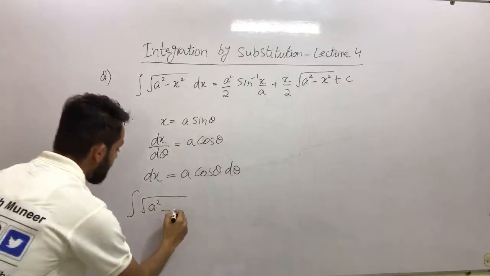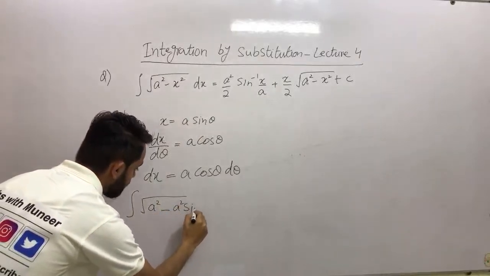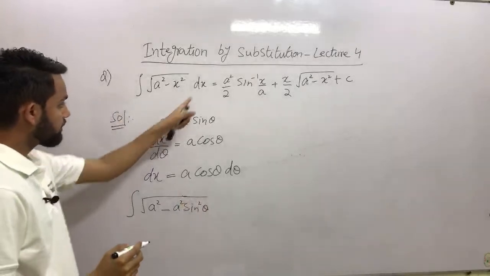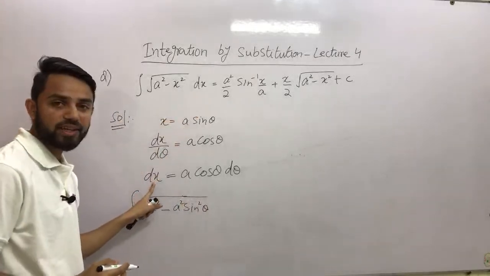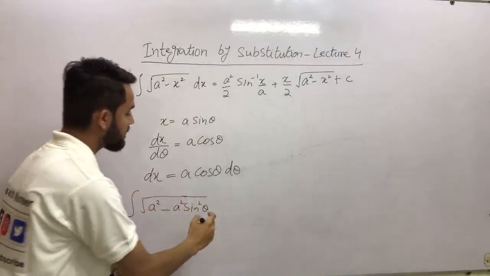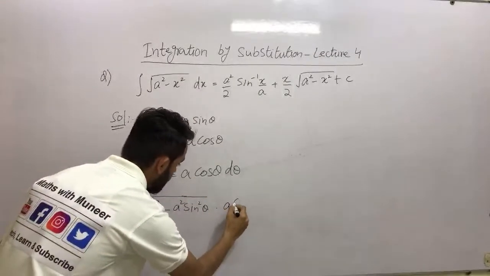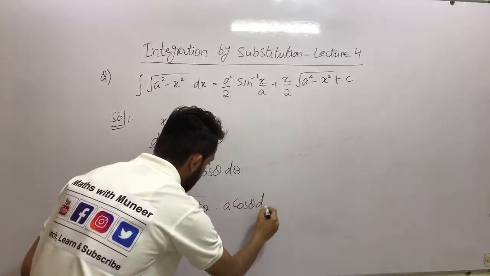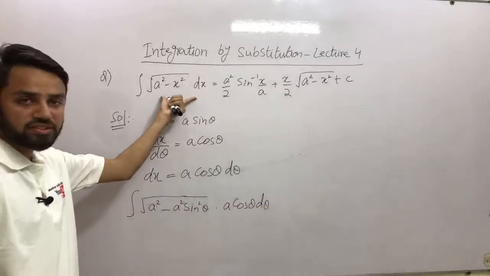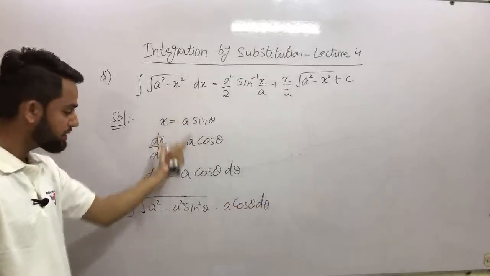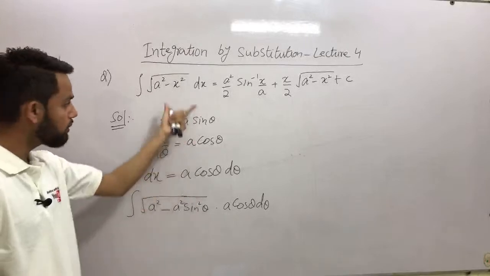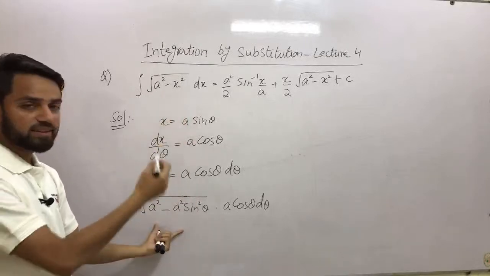So this would become a square sine square theta. And make sure that you plug in the value of dx as well. Now what is dx? dx is equal to a cos theta d theta. So over here, a cos theta d theta. So we have transformed the whole question from x to theta, and this is what we are now going to solve.